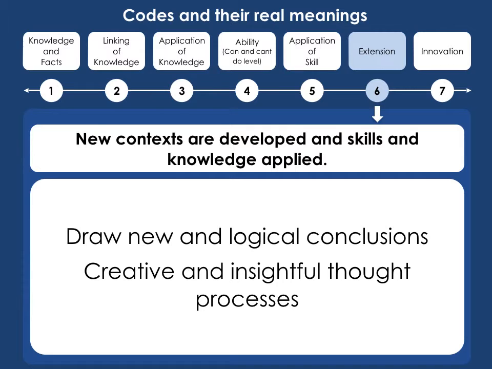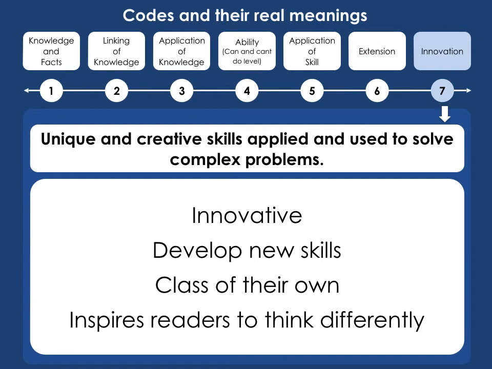Now, your highest code is your innovation level. And these are learners that really stand out above everyone else. They're innovative, they're able to use information and skills that they've developed themselves, and they can combine these and develop new skills to put them really into a class of their own.